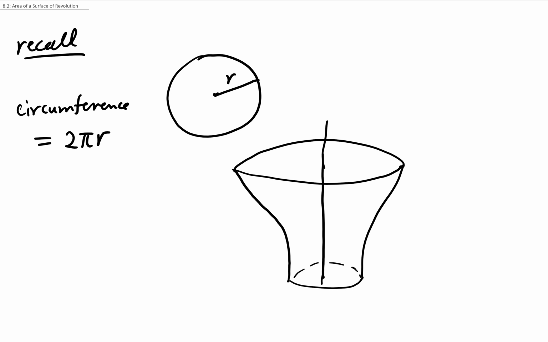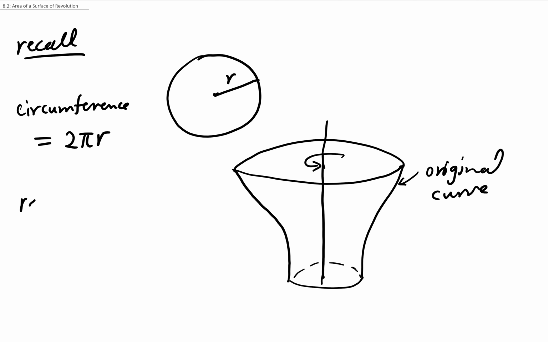We're going to get that image, right? This. So I took this curve, that's the original curve, and I revolved it around this axis. What we got is a surface, right?